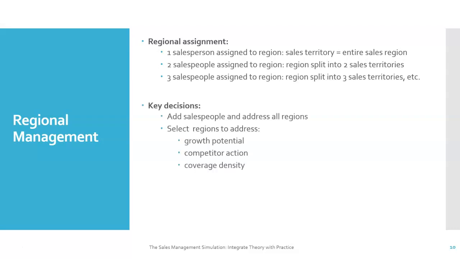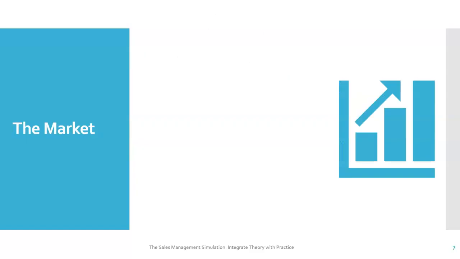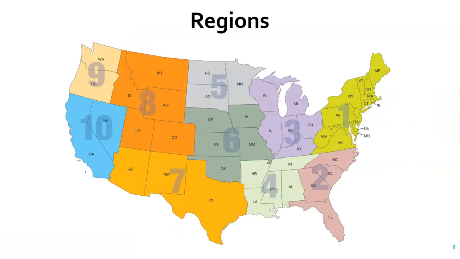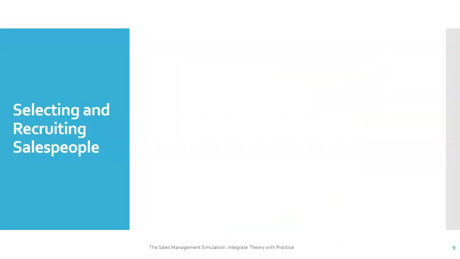So if you go back and you say, I'm going to assign one person to region 8, then that's their entire territory. As you assign more people, it gets broken up by how many people there are. So if I have 2 people in region 8, then they each have half the territory.